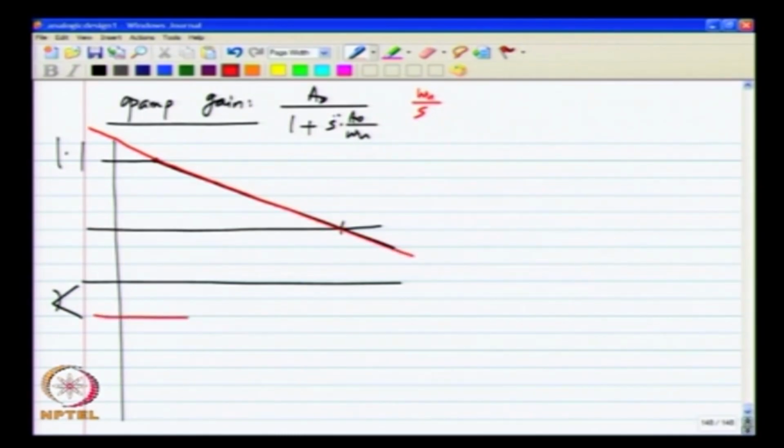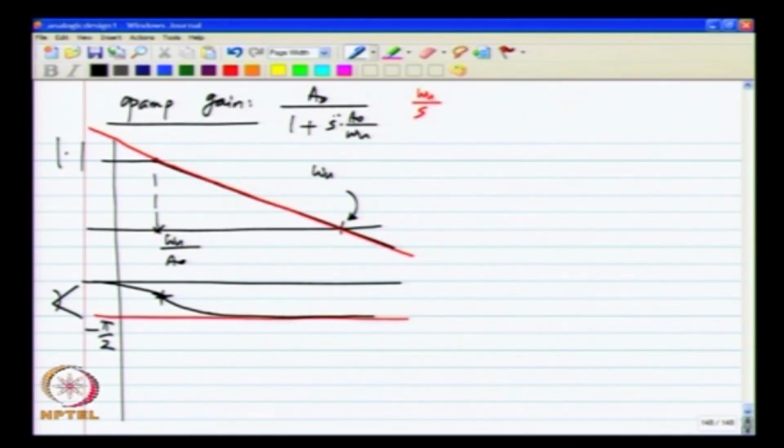Similarly, ideally the phase would have been that way, and in reality the phase would be something like that, okay, where this frequency is omega u. We said that even for the op amp with the finite DC gain, it is approximately omega u. This frequency is omega u by A naught, and this angle is minus pi by 2. Okay.